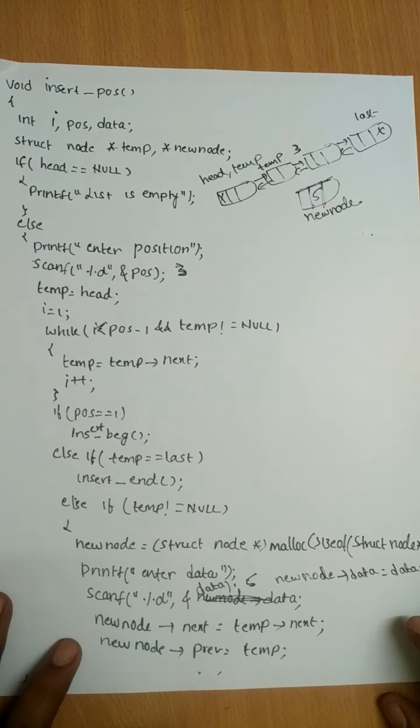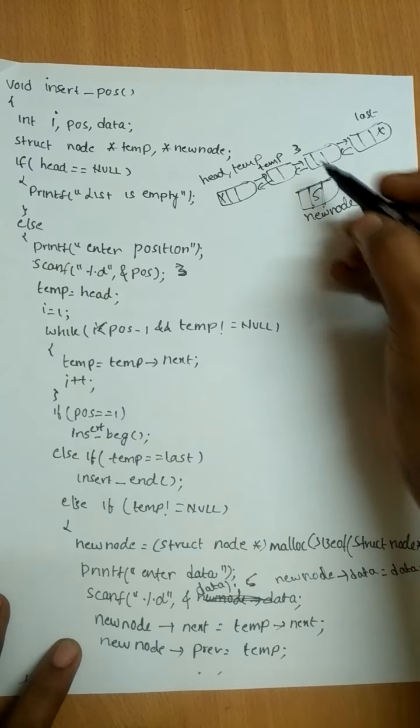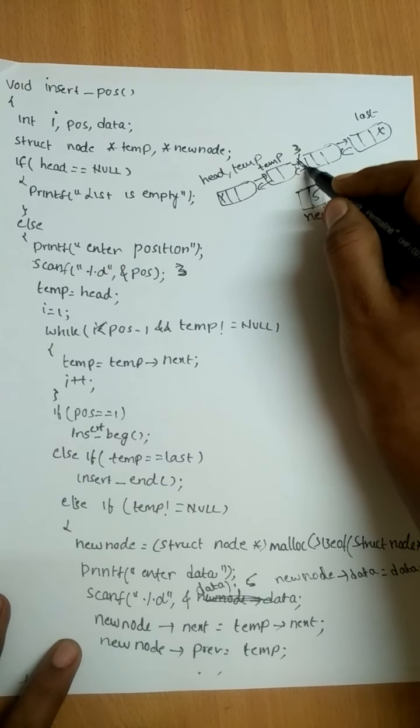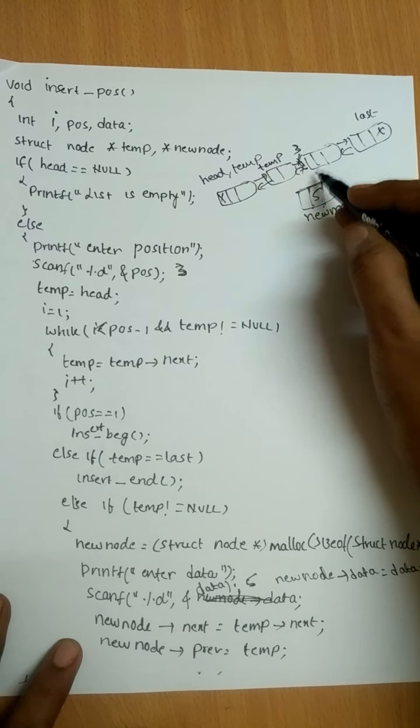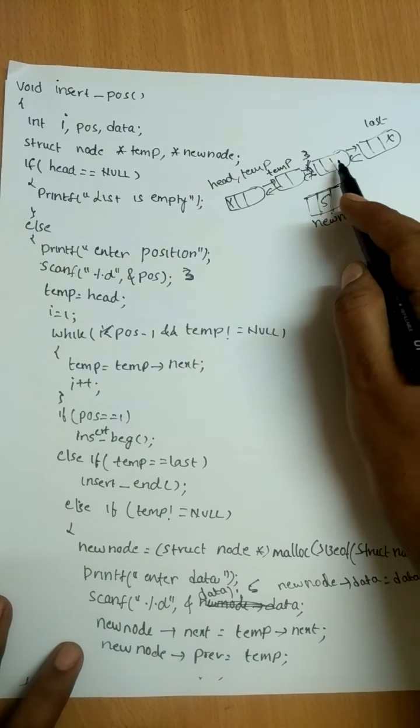Next what we have to do, we need to insert this node in between the node temp and the node that is next to temp. For this purpose we need to dislink these two links and make new links between the temp node, the new node and the temp next node.